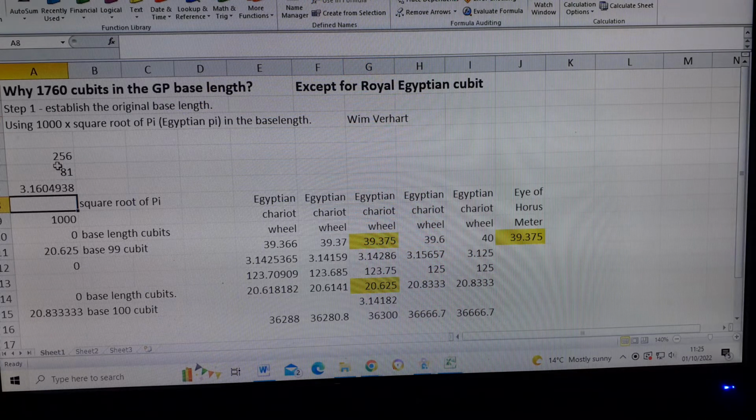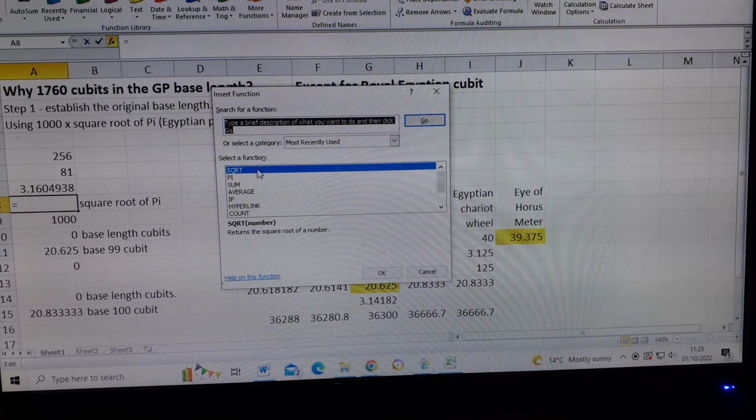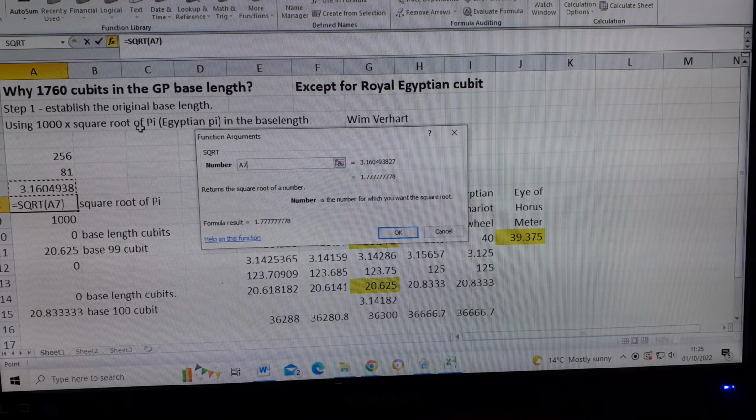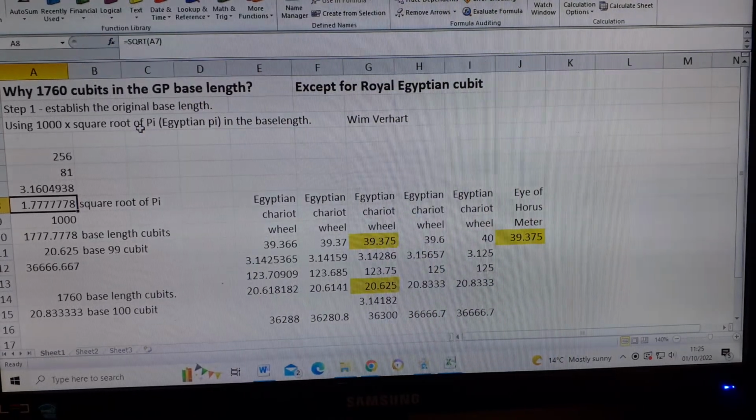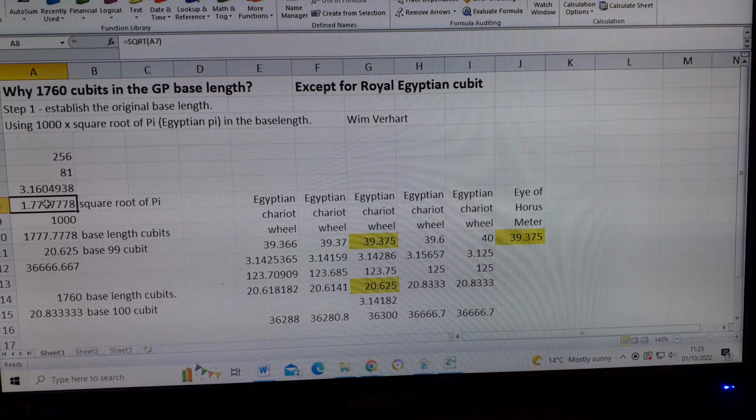So this is Egyptian pi, 256/81, and it's there in decimal, and we can take the square root of that by just inserting the function against that number. And there it is. That's 16/9, which is the square root of Egyptian pi.